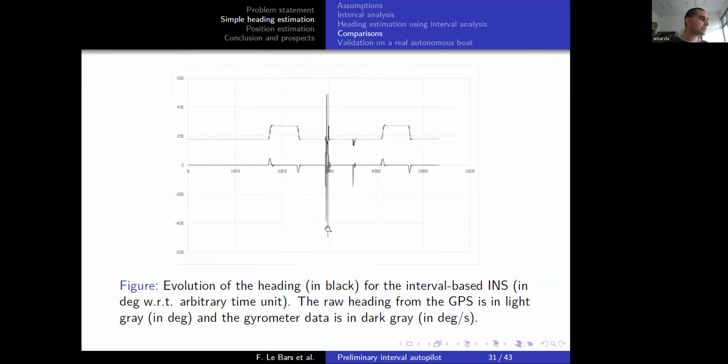And then this is the behavior with our own system based on the interval fusion algorithm. We see that during the perturbation, during the moment where we are shaking the magnetometers, everything is bad, but quite immediately the final estimation goes back to the correct value, which corresponds to the GPS heading.